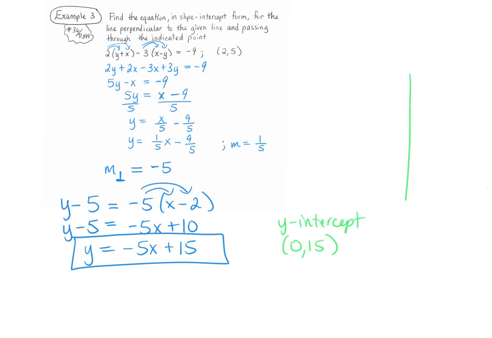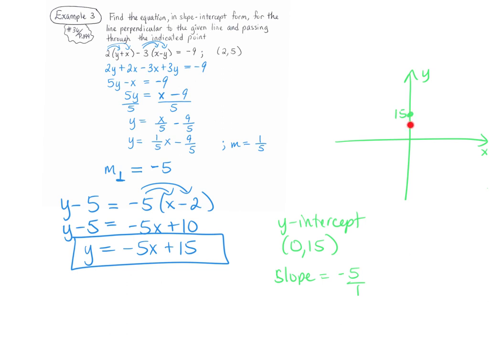So if you want to graph this, (0, 15), let's do a little exaggeration, let's say that's 15. And then, what is our slope? -5 over 1. So what does that mean we do from 15? Down 5.